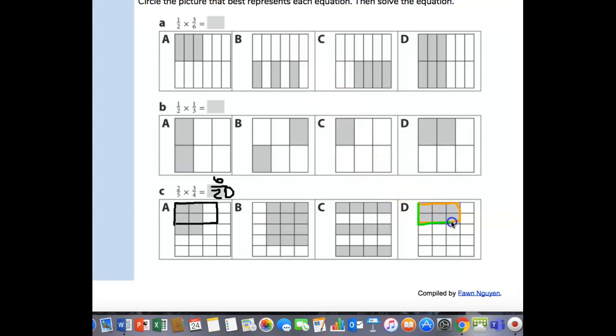If we carried that all the way down, it would have looked like this. 3/4, 3 of the 4, and then the other one was 2 of the 5, you see? And where they overlap, the orange and the green around them, that's your 6 20ths, okay? All right, let's move on.